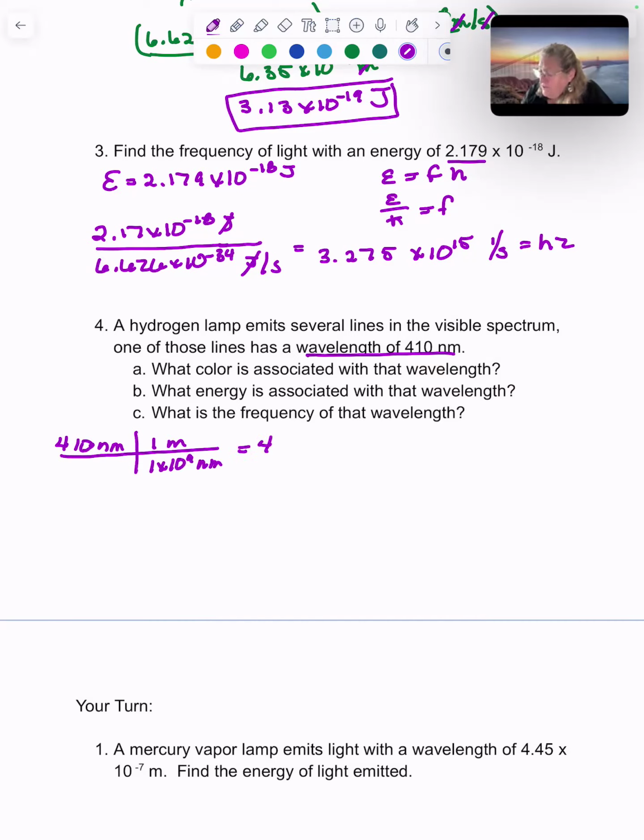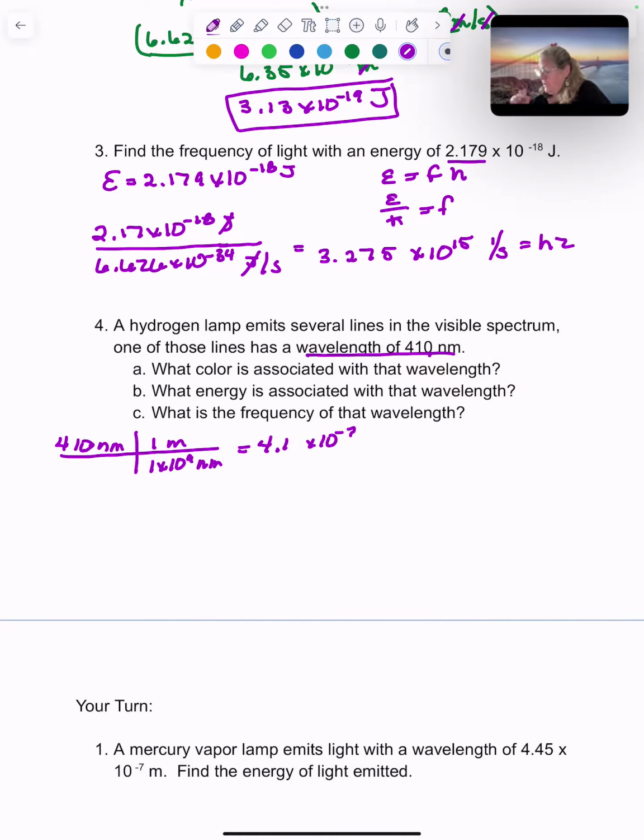So that's going to give me 4.10 times 10 to the minus 7. Now 410, let's look at this one carefully. That 0 is not significant. So we really don't need that 0 right there to make sure we have our significant figures straight.